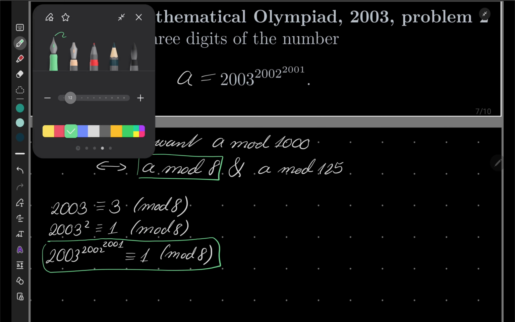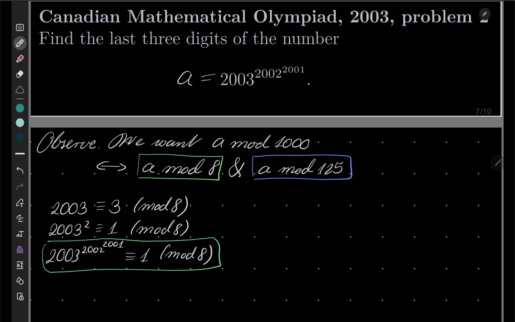Now the harder part. Harder is finding the second remainder.